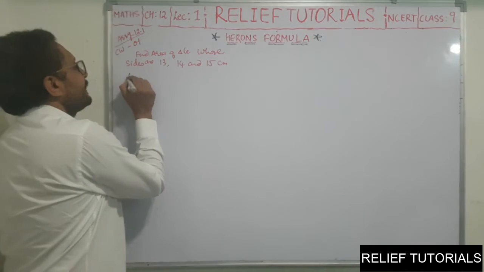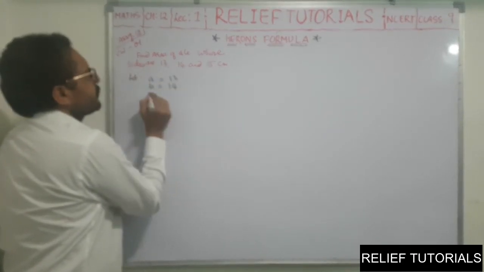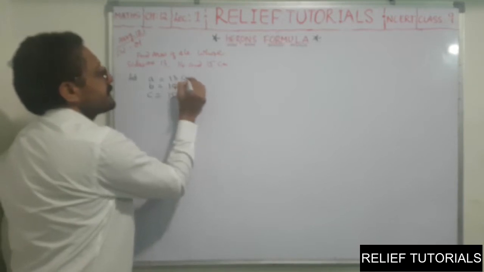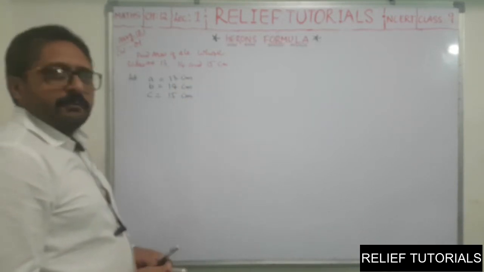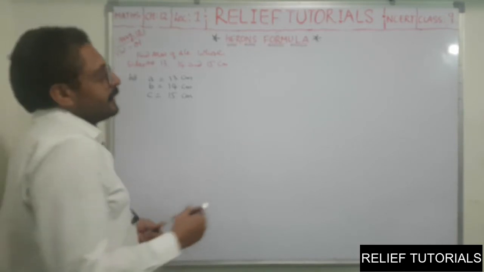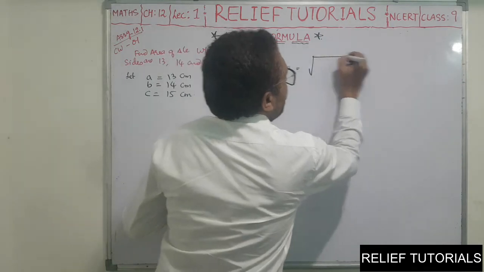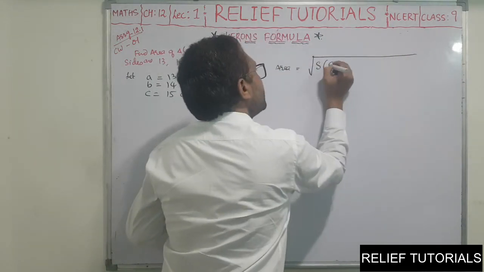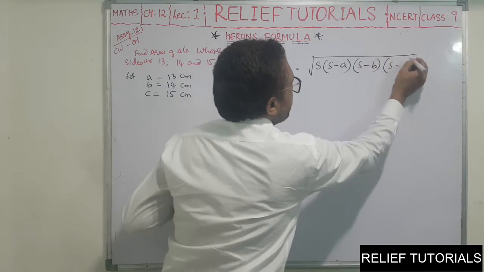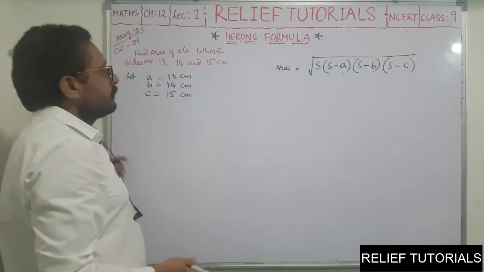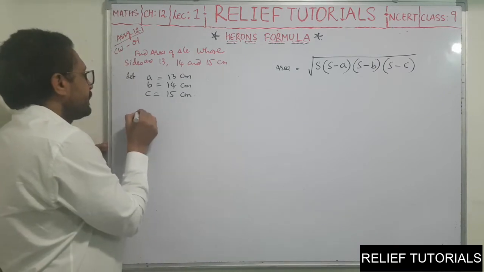Okay. So I will write, let side A is equals to 13, B is equals to 14, C is equals to 15 centimeter. And you know the formula to find area. Area is equals to under root of S into S minus A, S minus B, S minus C. So you will find first semi-perimeter.